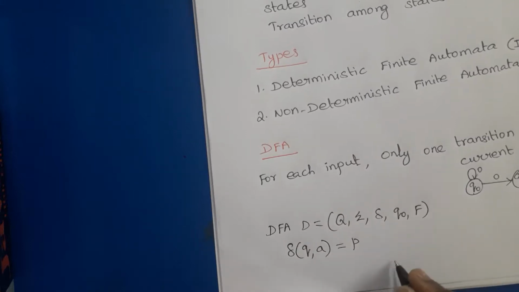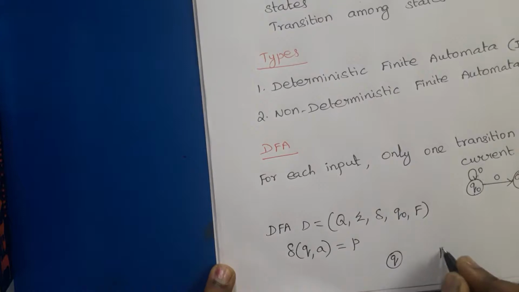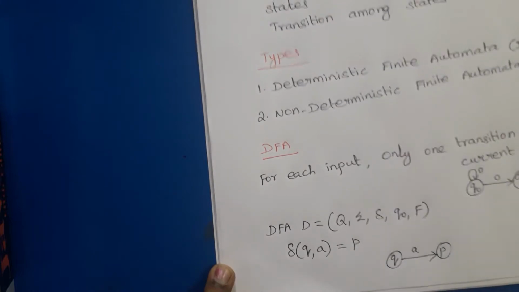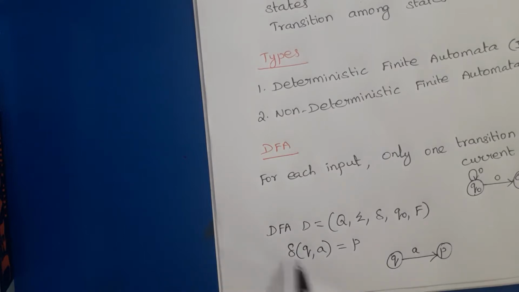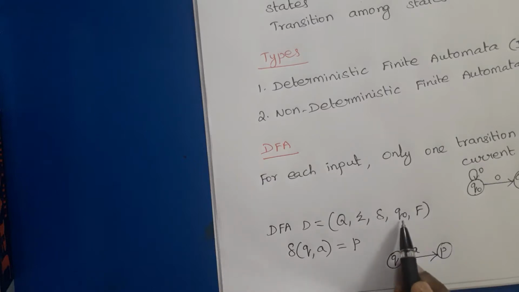That is, from state Q to state P, if there is a transition on the symbol A, then it can be represented like this: the delta function of current state comma current input symbol is equal to next state. Then Q0 represents the start state of the DFA and F means the set of final or accepting states. So Q0 and F belong to Q.